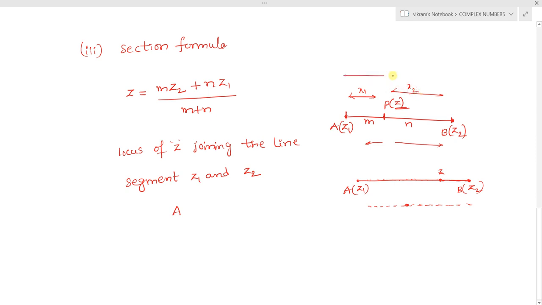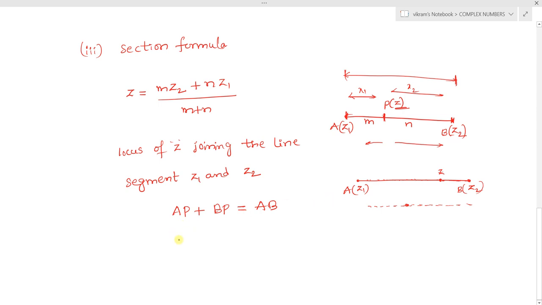So x1 plus x2 gives the total line segment AB.